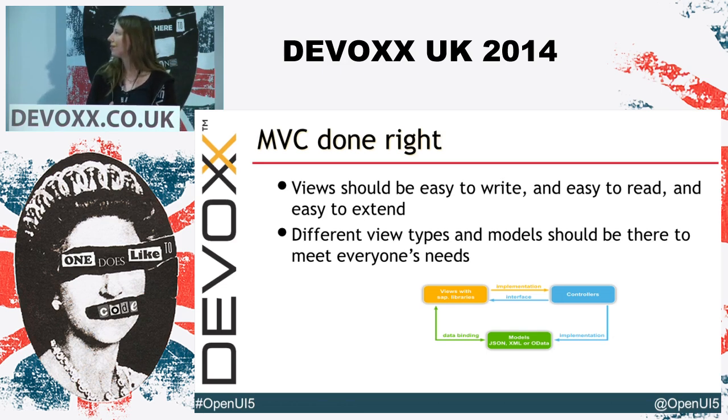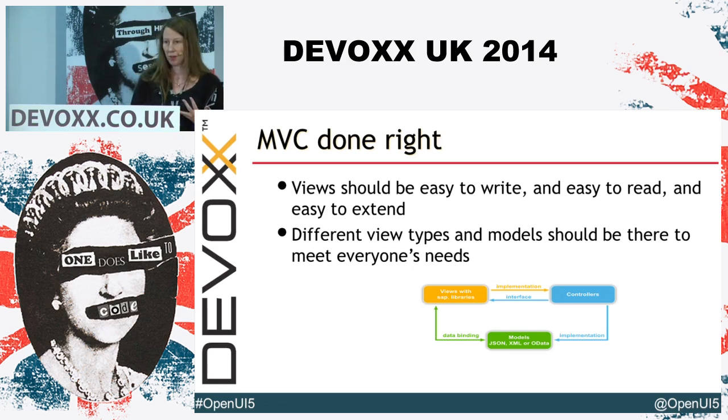To me, if you do MVC right, I want to have views that are really easy to write and also easy to read for someone who was not present at the original implementation phase. So someone getting to see a view can determine at a glance what this view is about, which controls and elements may be in there, where it's going to be used, and also how it could be extended if I want to use it for something else.